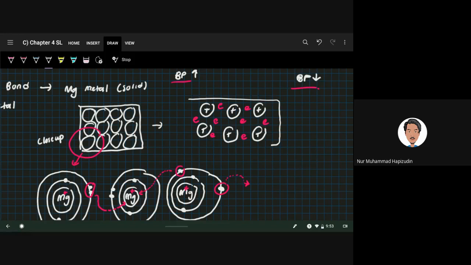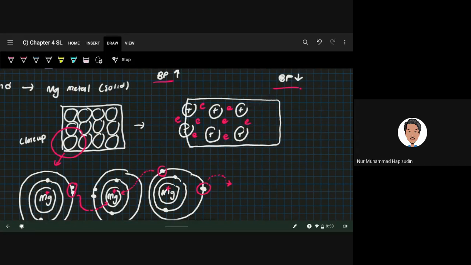Okay, so this is the structure for metallic bond actually, and we call it as lattice structure. Dekat mana kita belajar hari tu lattice structure? Bond also is called lattice structure.